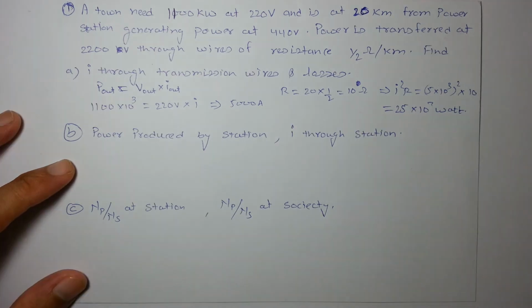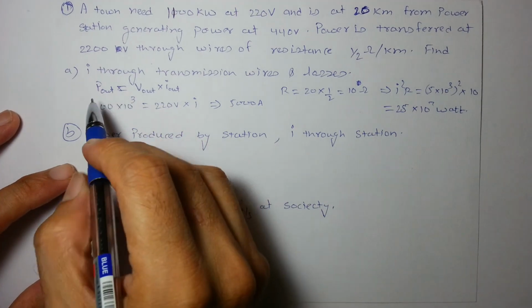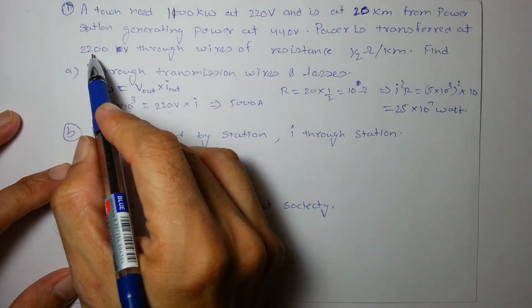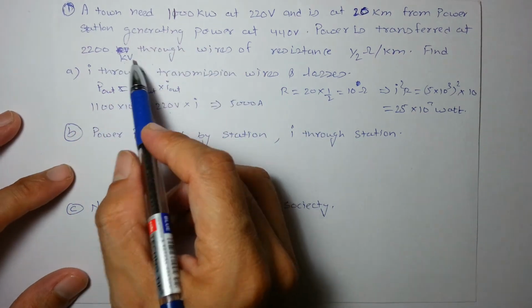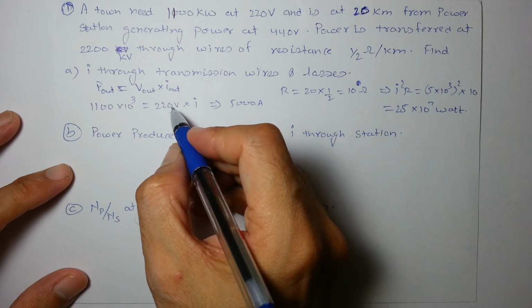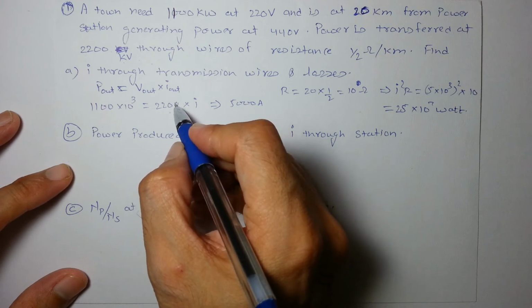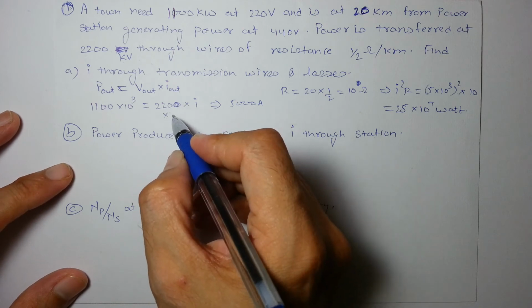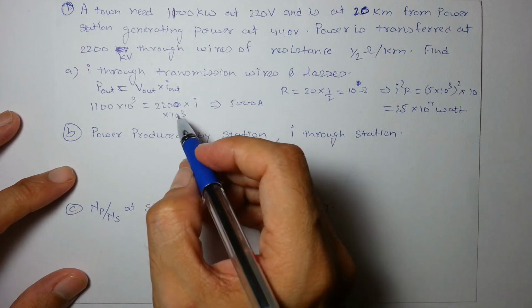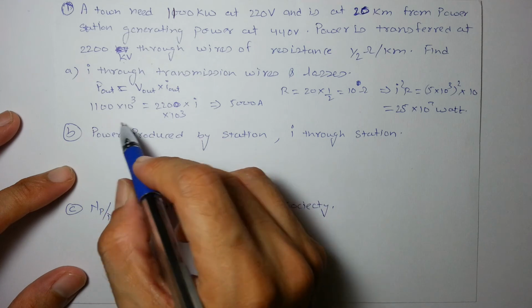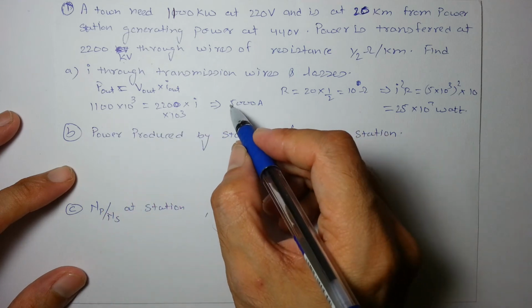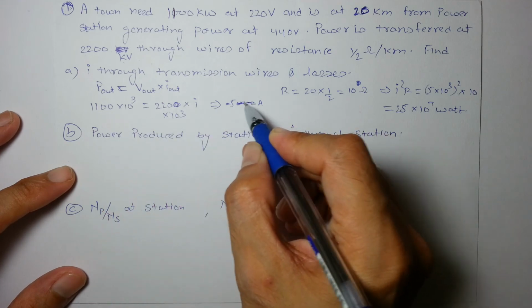Okay, so there is a slight mistake I made. The power is transferred at 220 kilovolt, so this will be 2200 into 10 to the power 3. So the current will be, how much? This will be half 10 to the power 3, so current will be 0.5 ampere.